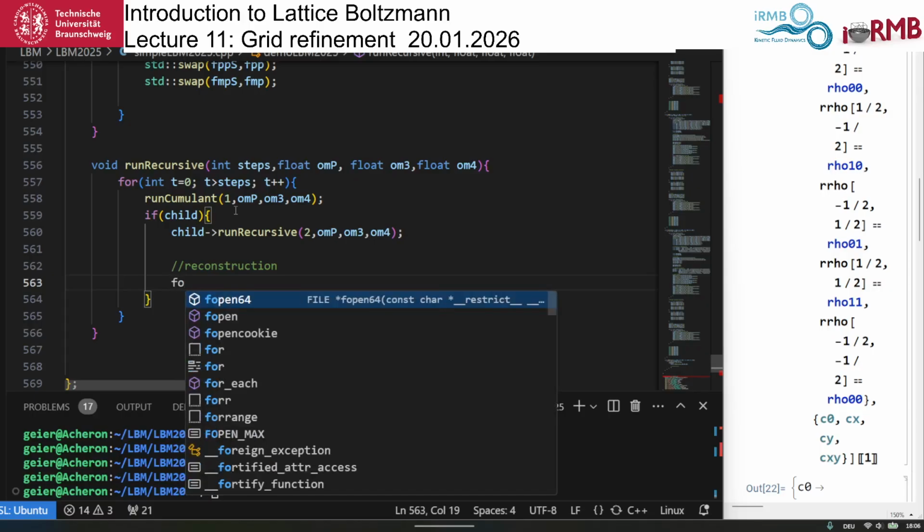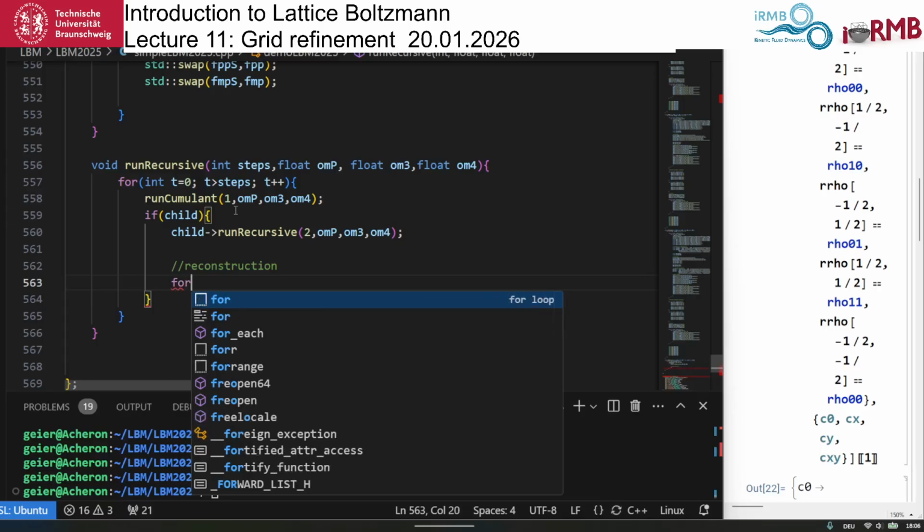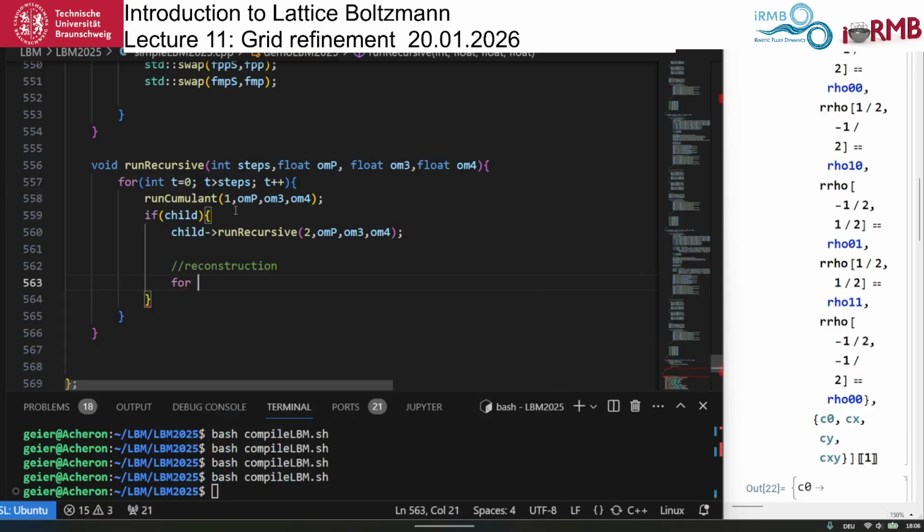So we would have to go from, this is the part where it is easy to make mistakes, right? So because we have to, okay, let's do a reconstruction of coarse nodes first.